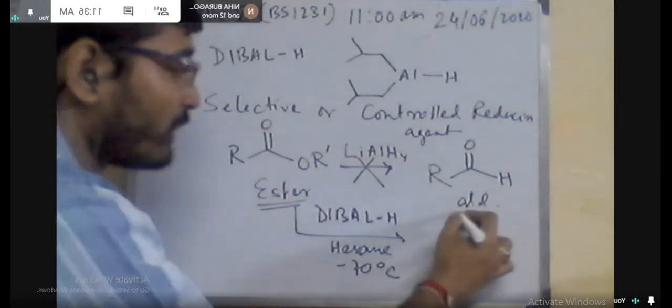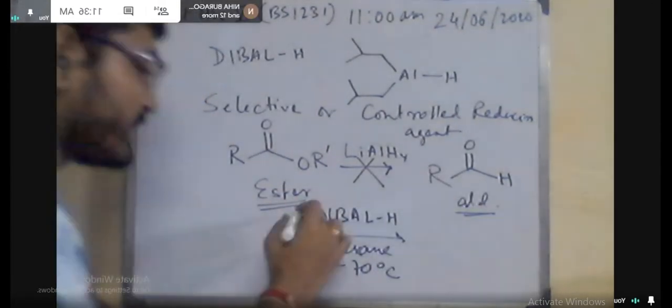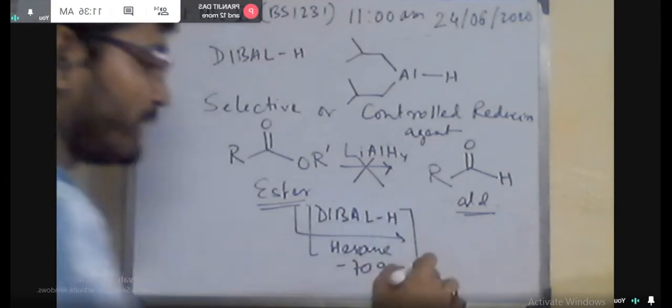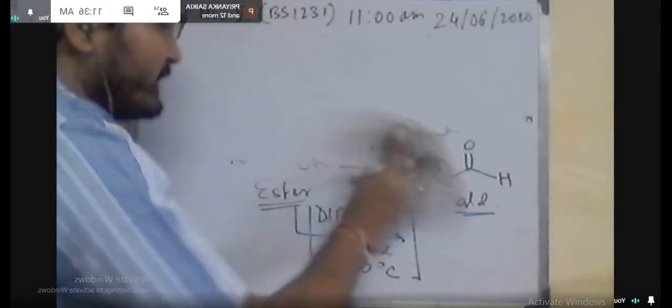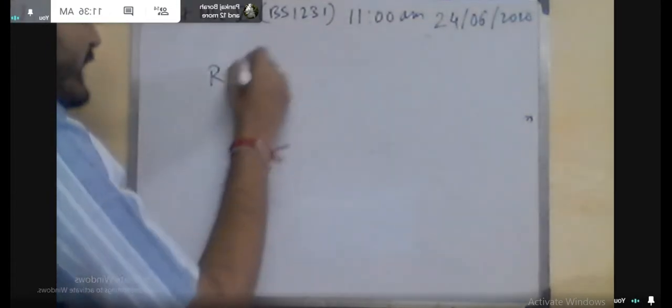So in the first step, the structure can form a Lewis acid-base adduct, minus OR prime. So this is the plus.